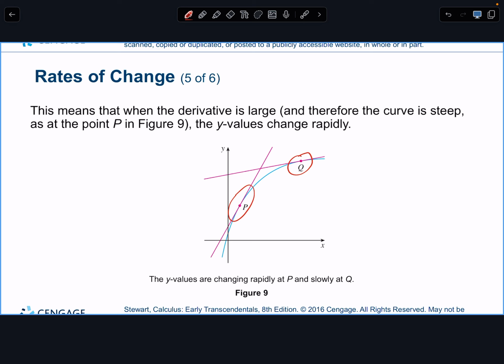And then it's not as large, it's smaller, still positive, right? But it's smaller at Q. So what they're saying is the y values are changing quickly at P. They're changing, but not as quickly at Q.